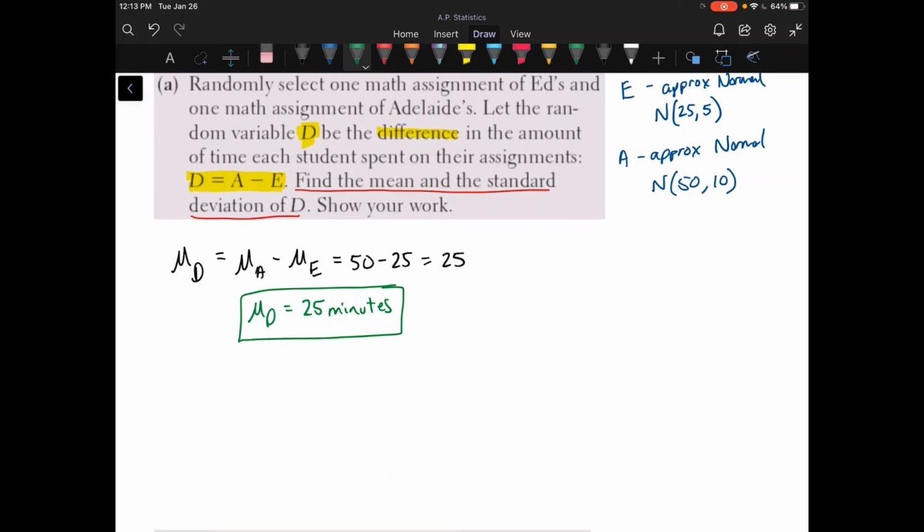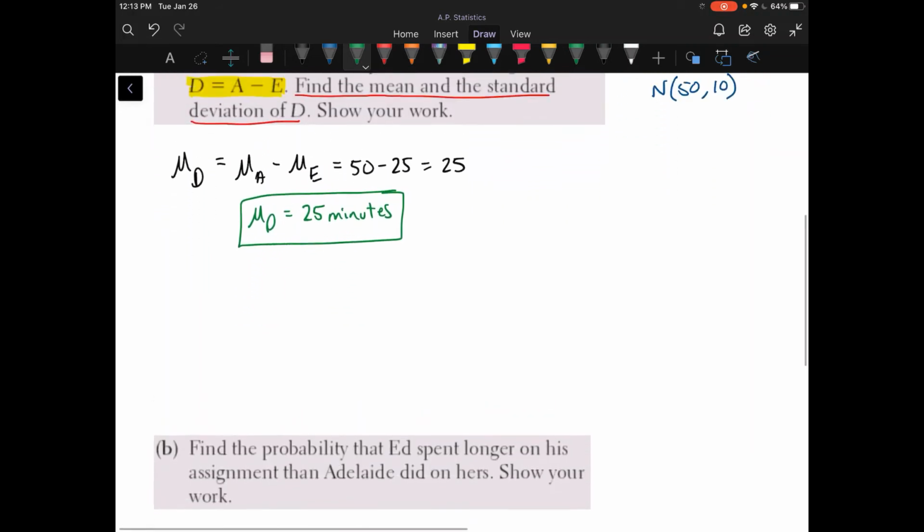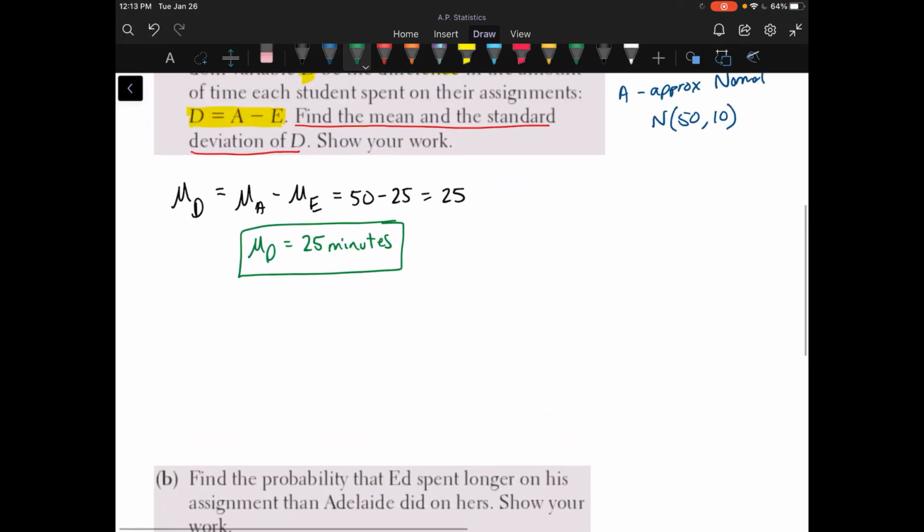Next, standard deviation. Again, we always add variances, whether we're adding or subtracting random variables.